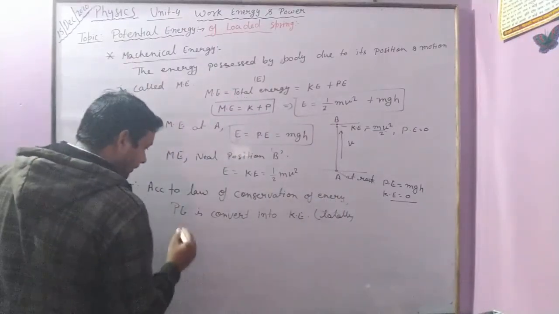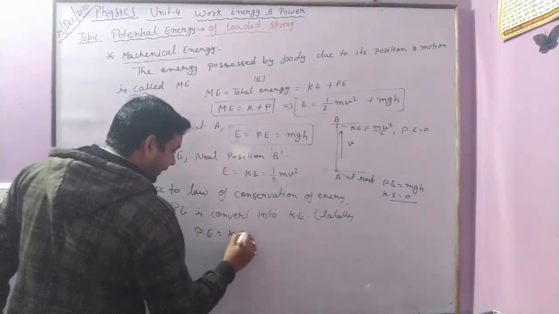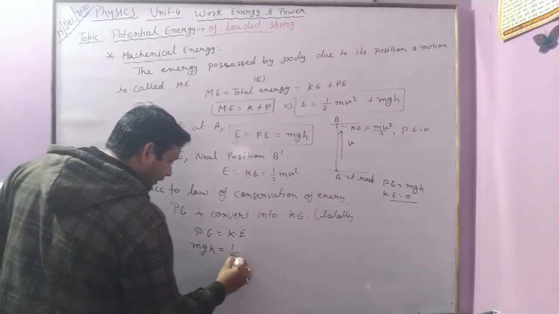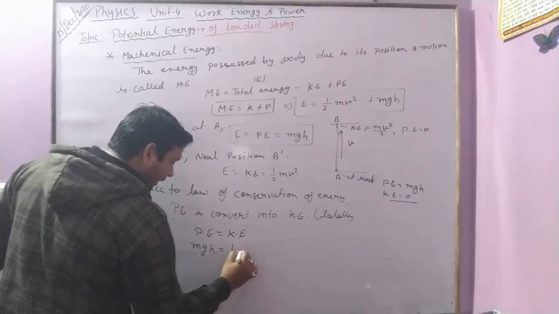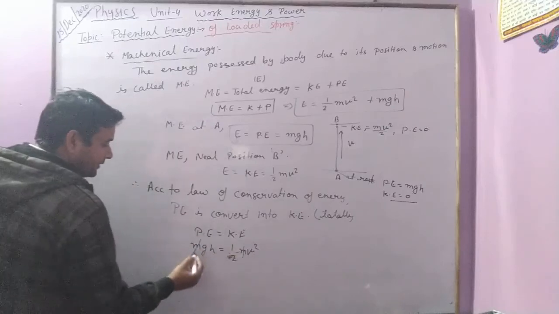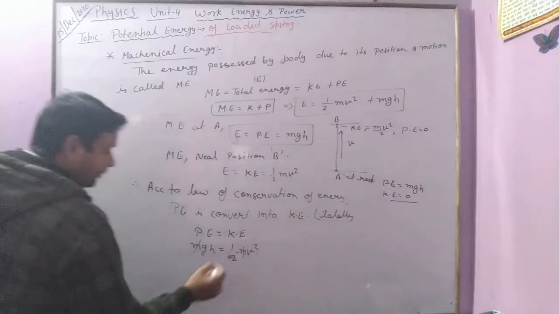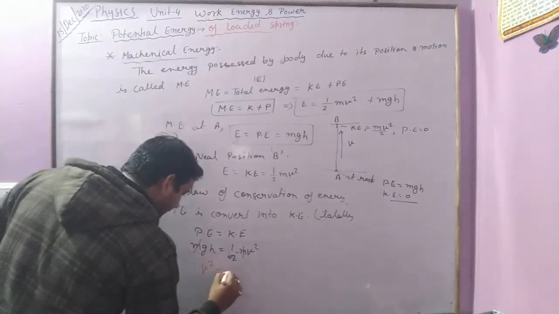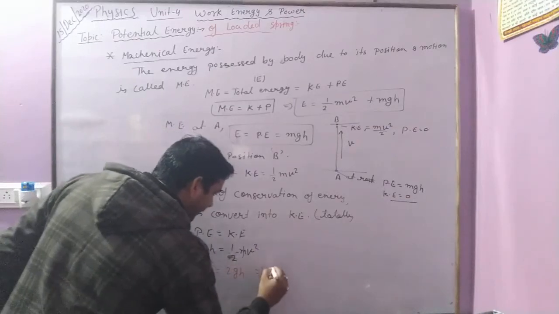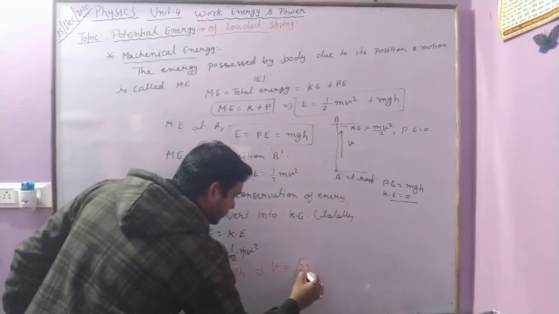Therefore potential energy is equal to its kinetic energy, and we have mgh is equal to half mv square. Now students, this m cancels and we get velocity square is equal to 2gh. Therefore, velocity is equal to under root 2gh.